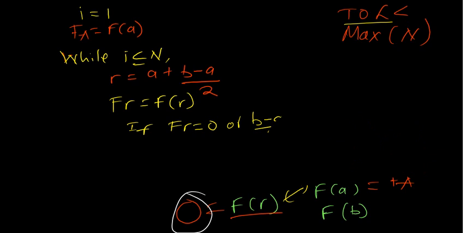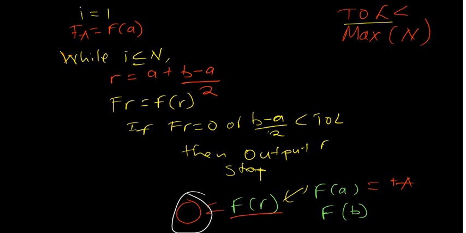So if (b minus a) over 2 is less than the tolerance, then we can consider R to be our root. If that's true, we'll just output the value of R as our root, output R, and then we stop.